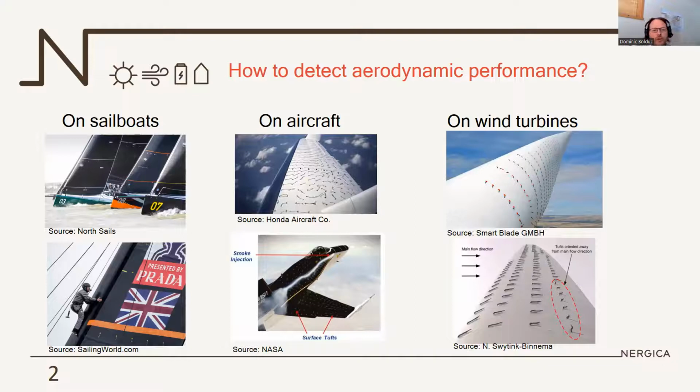Some tests have also been done with wind tuft on wind turbines to have the same information as we can have on aircraft. One problem with wind tuft is that, except for sailboats, they are not used all the way through the life of the turbine. We need to remove them, or they will destroy themselves.